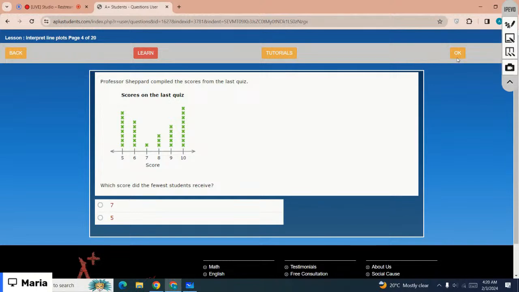Yes, the correct option is 7, right? Which score did the fewest students receive? 7 is the score that only one student received, so the correct option is 7.